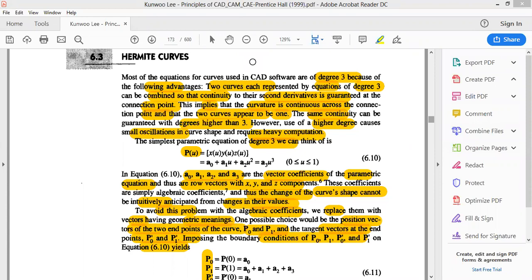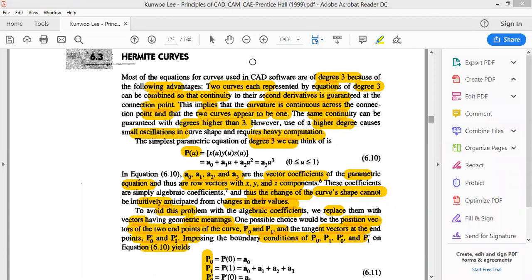They don't go to the fourth or the fifth order, where one curve has a third order equation and the other curve has a fifth order equation. They don't want different curves with different degrees present in an equation.